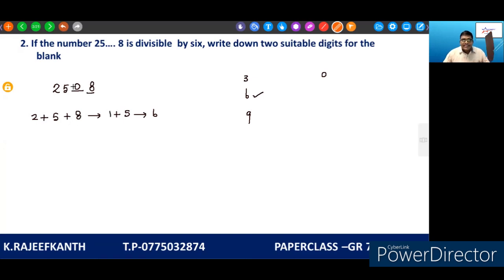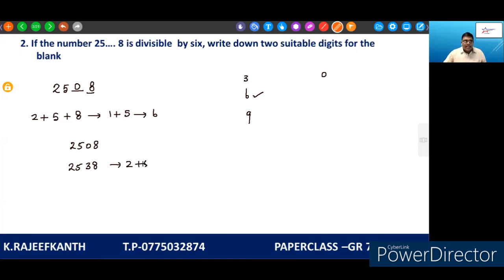Here if we write this as 0, then we have to add 3 more, because the difference between the digital sums is 3. So first we have written 2508. Then here we have to add 3 to that 0. Then 2538.